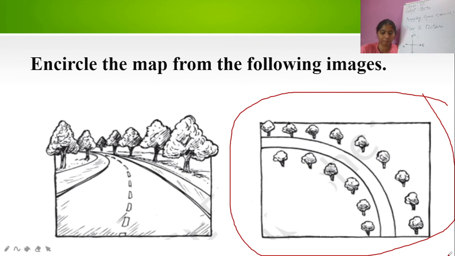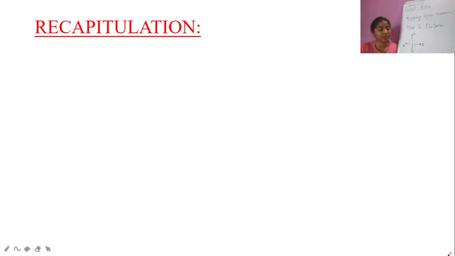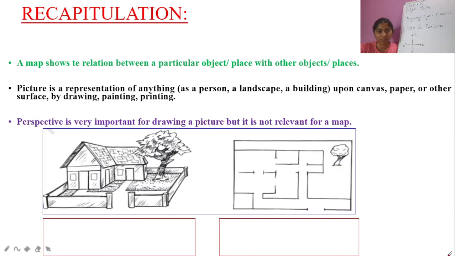Okay, so now let's recap what we have discussed today. We have discussed that a map shows the relation between a particular object or place and other objects, and a picture is a representation of anything, such as a landscape or building, on canvas, paper or a surface by drawing or painting. Perspective is very important for drawing a picture, but it is not relevant for a map.